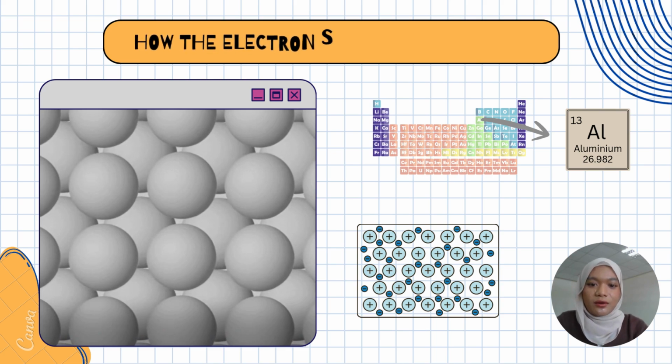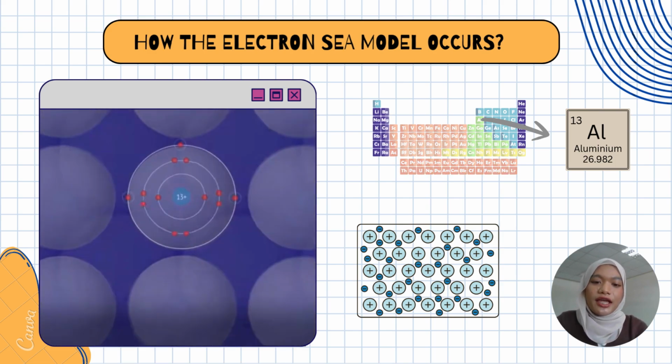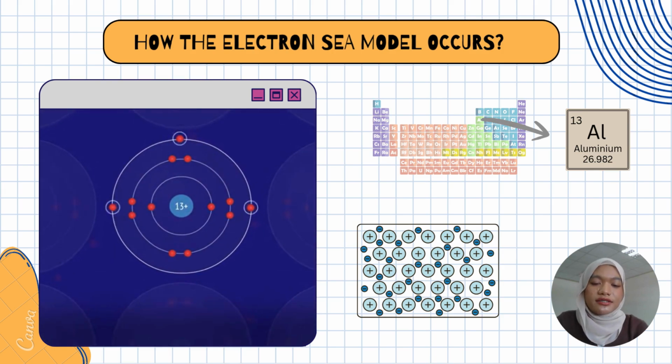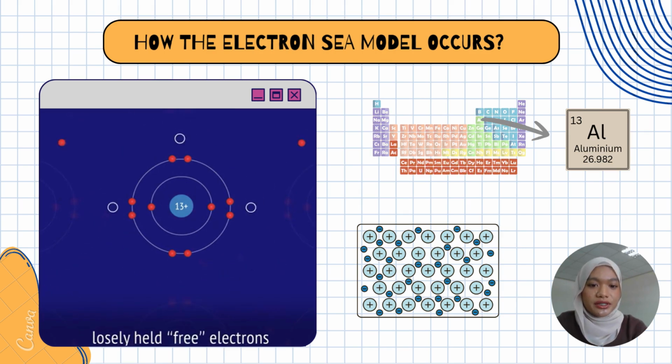I will explain how the electron sea model occurs, and let's consider aluminum metal. From the arrangement of the aluminum atom, it consists of 13 protons and 13 electrons around the protons, and the 4th outer shell has 3 valence electrons. These 3 electrons are loosely held, resulting in them detaching from the atom and moving freely through the structure.